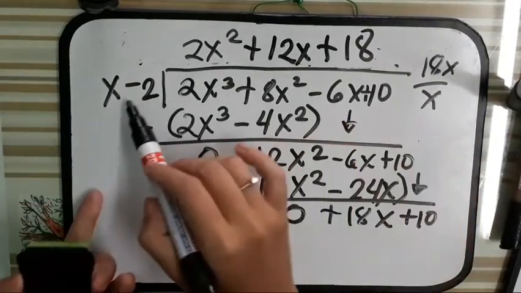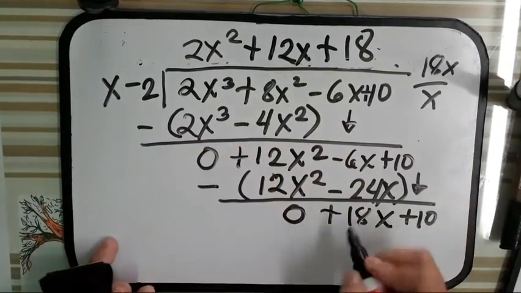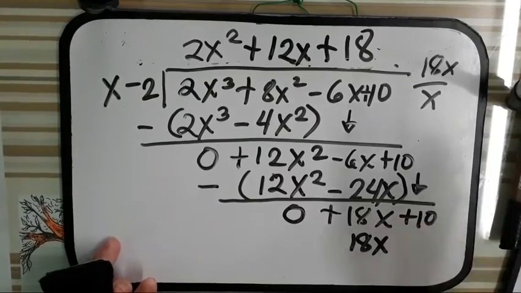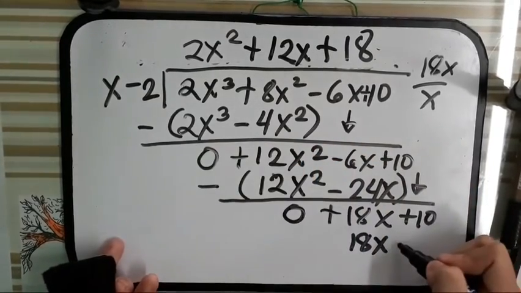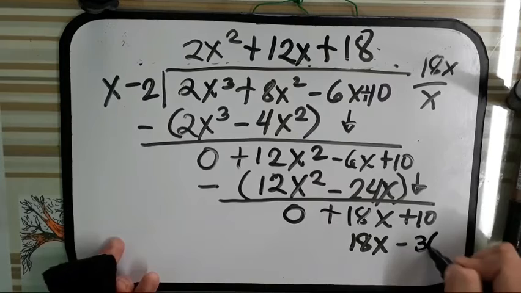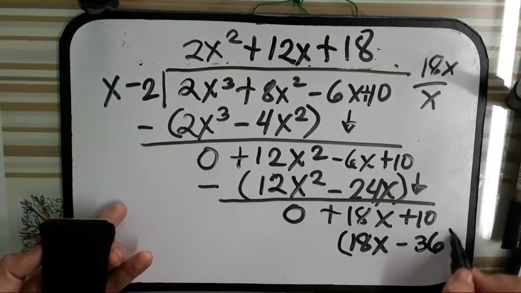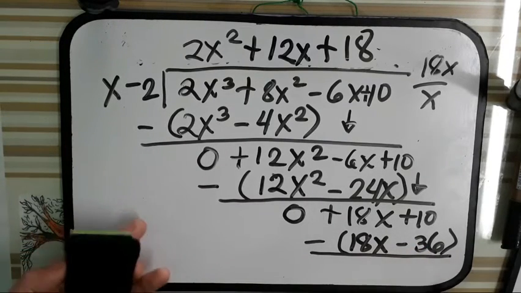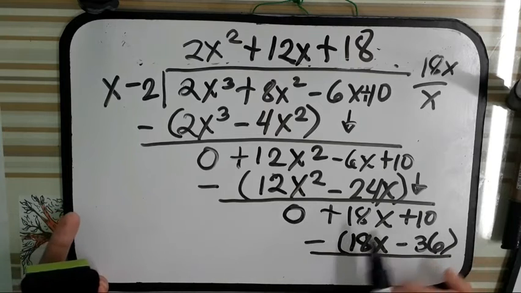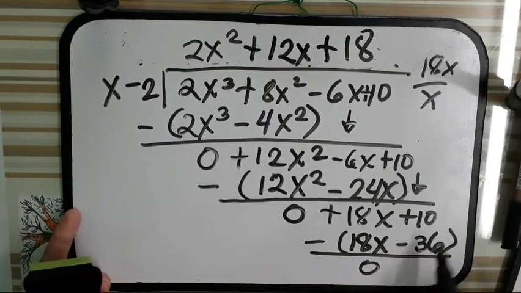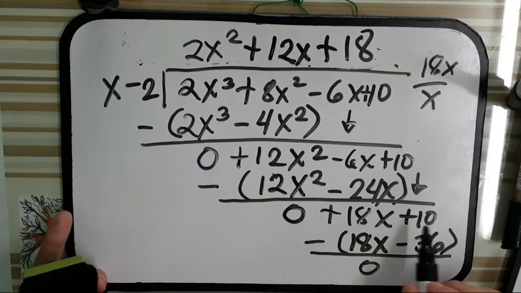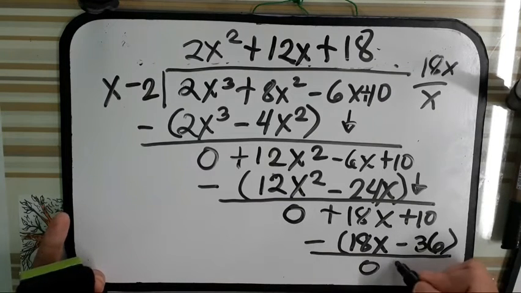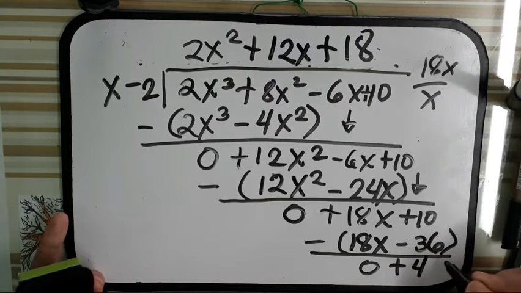Then, distribute 18. 18 times x is equal to 18x. 18 times negative 2 is negative 36. Then, subtract. Write the parentheses and the subtraction sign. Now, 18x minus 18x is equal to 0. Positive 10 minus negative 36 is the same as positive 10 plus 36, which is equal to 46.